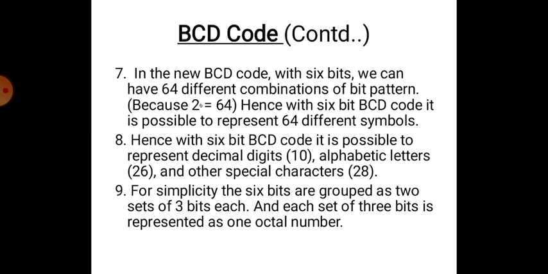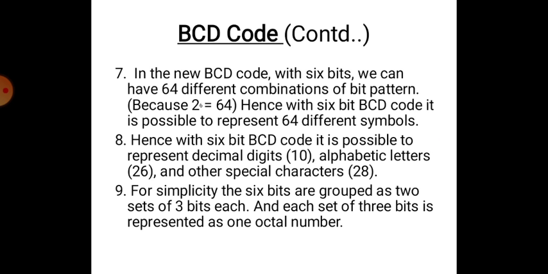Point number 8. Hence, with 6-bit code, it is possible to represent decimal digits which are 10, alphabetic letters 26, and other special characters 28. So like that we will get 64.